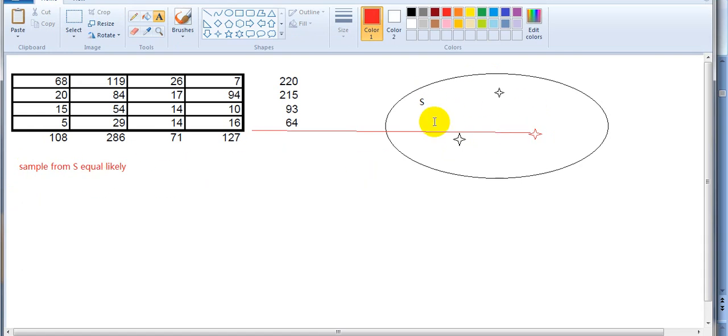It's difficult, because first of all, how many tables are there? We don't even know that.